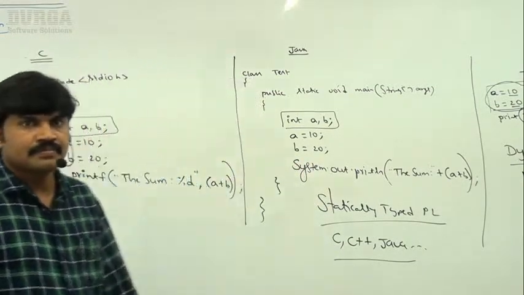Clear? Sir, just now I told dynamically typed: based on runtime value, automatically the type will be considered. Correct, right? Sir, can you please show some idea? We didn't get much clarity about this one. Very, very simple, sir.